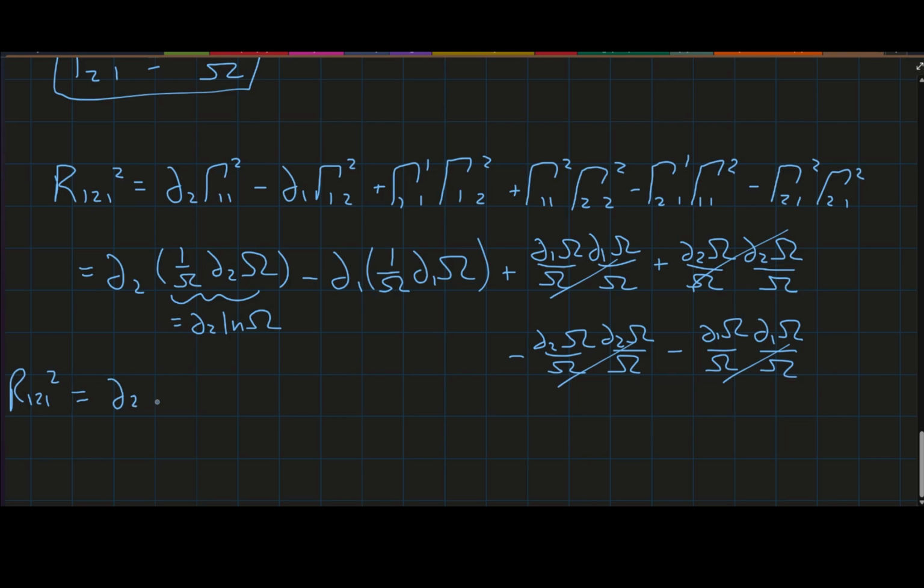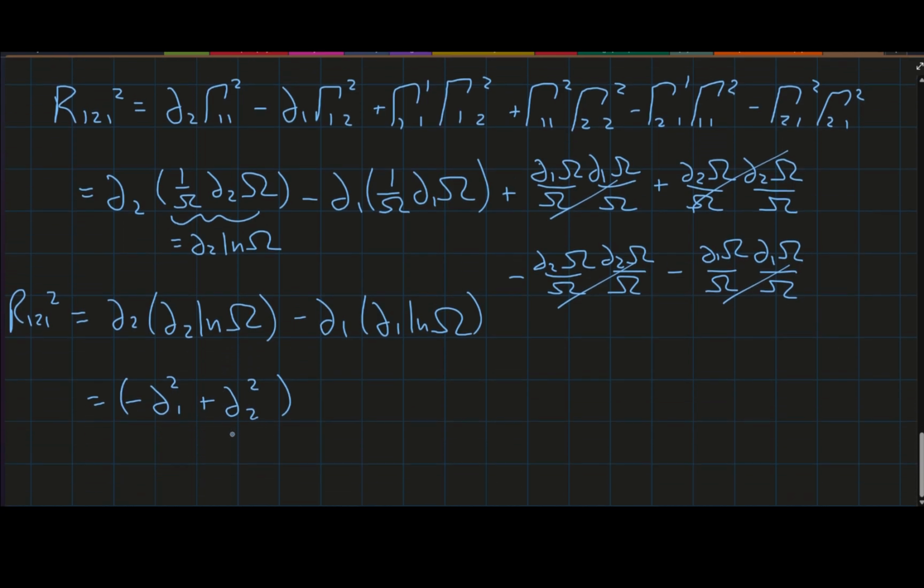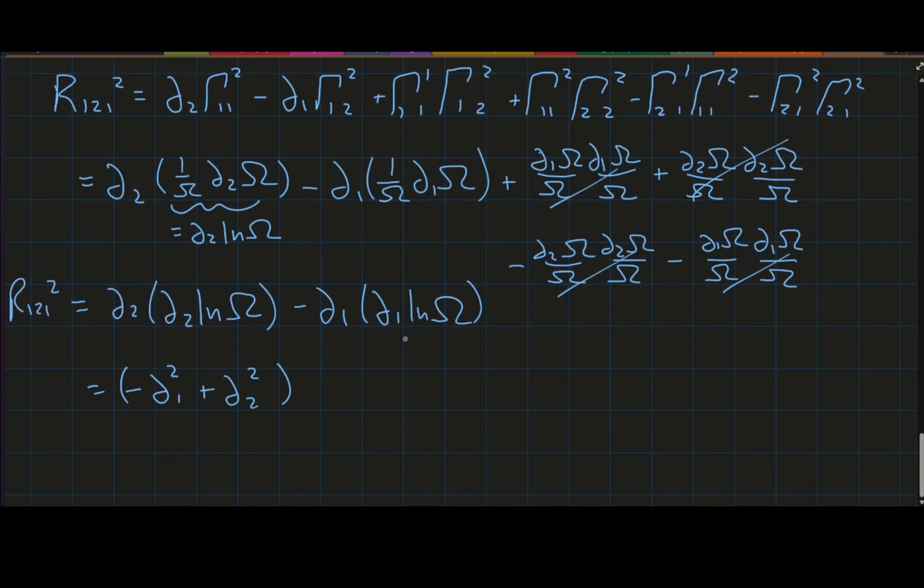I'm going to get del 2 of del 2 ln omega minus del 1, and we're going to make a similar substitution here, del 1 ln omega. And what this actually means is we get minus del 1 squared plus del 2 squared acting on ln omega. So we're almost there now.